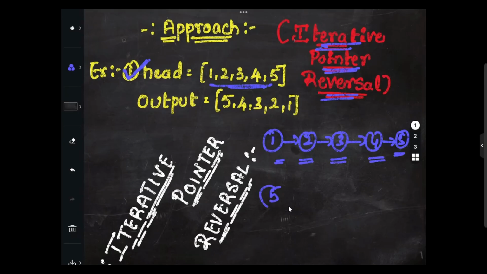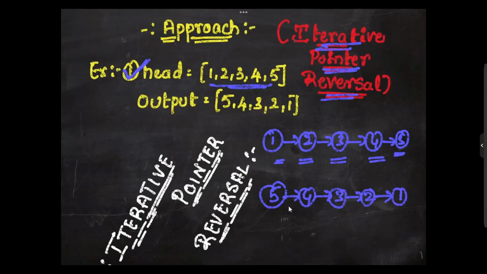This is a singly linked list, we have to reverse the list and return the new head, so the output has to be 5 4 3 2 1.